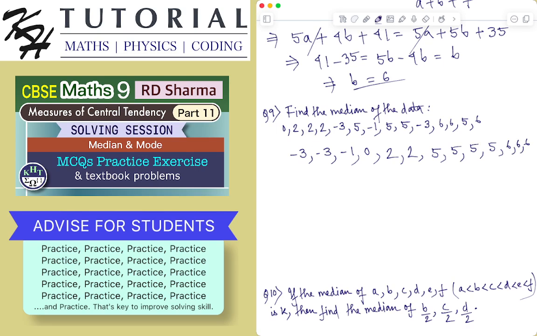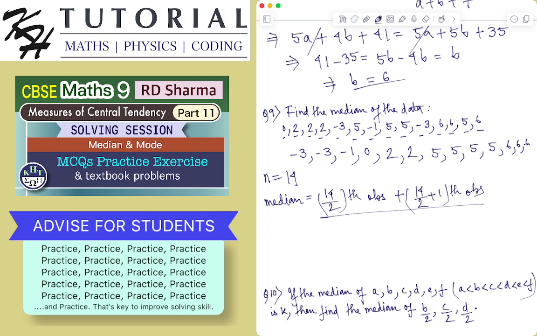How many observations were there? 1, 2, 3, 4, 5, 6, 7, 8, 9, 10, 11, 12, 13, 14. Okay, so n is equal to 14, which is even. So then the median will be the mean of the n by 2th observation and the n by 2 plus 1th observation, divided by 2.